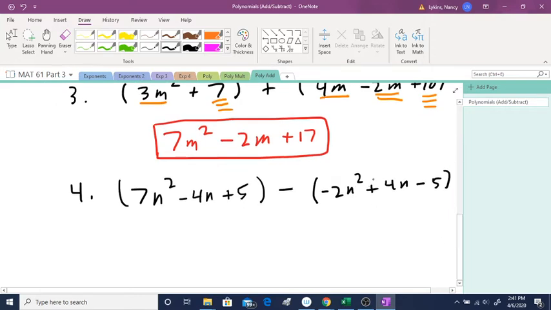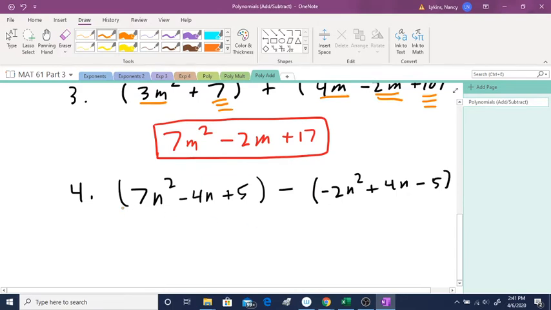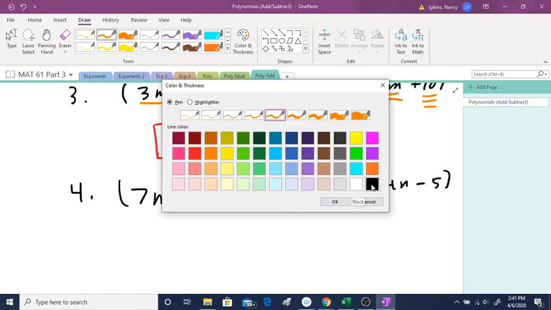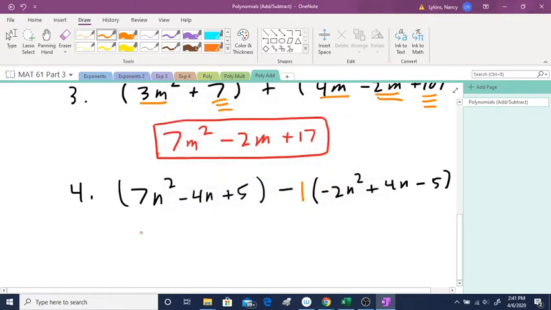So now this is going to show you several ways where we could try to trick you. What I always like to do is distribute this negative sign. You could treat that as a negative 1, but what I'm going to do is leave my 7n squared minus 4n plus 5.